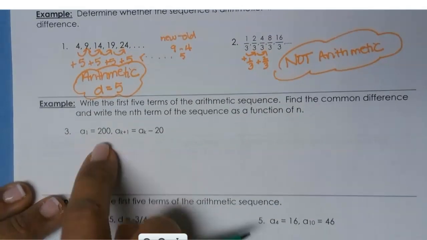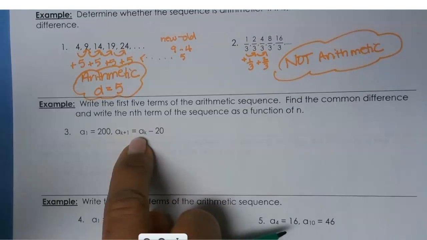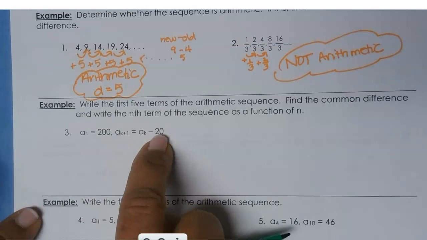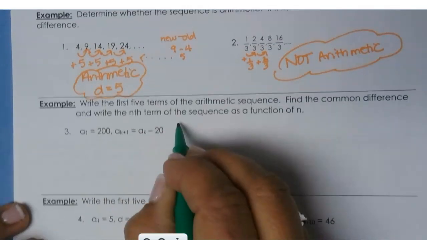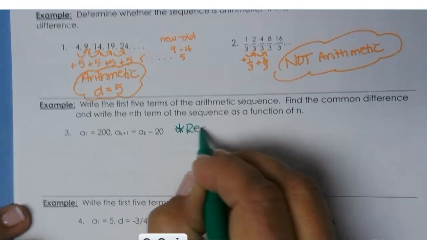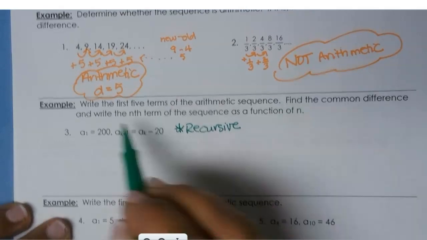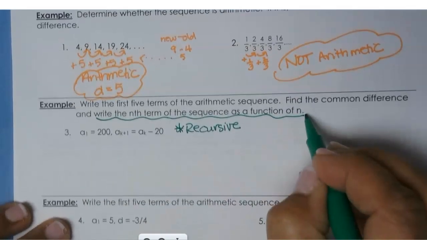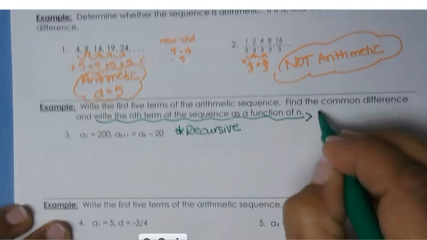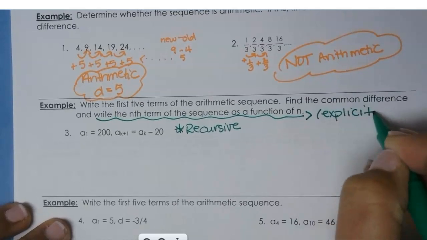They're telling us to start at 200, and to get to the next term, take 20 less than the term we were dealing with. So again, this is a recursive rule, just so that we get used to that vocabulary. And when it says to write the nth term of the sequence as a function of n, what that means is to write an explicit formula instead.